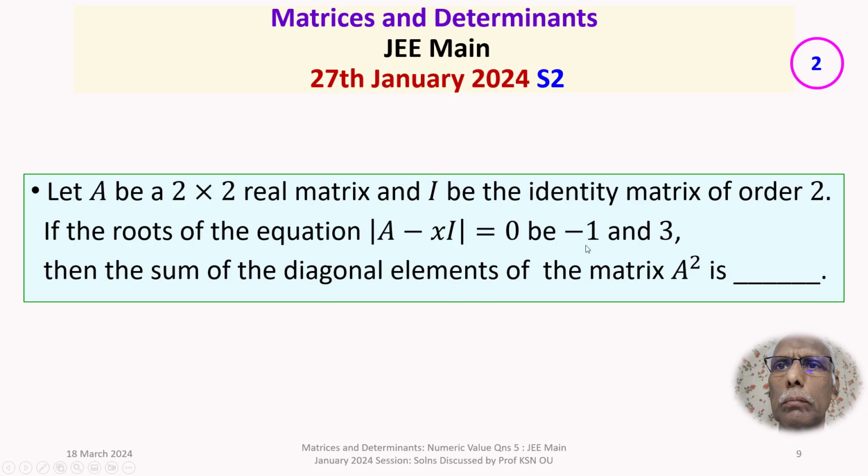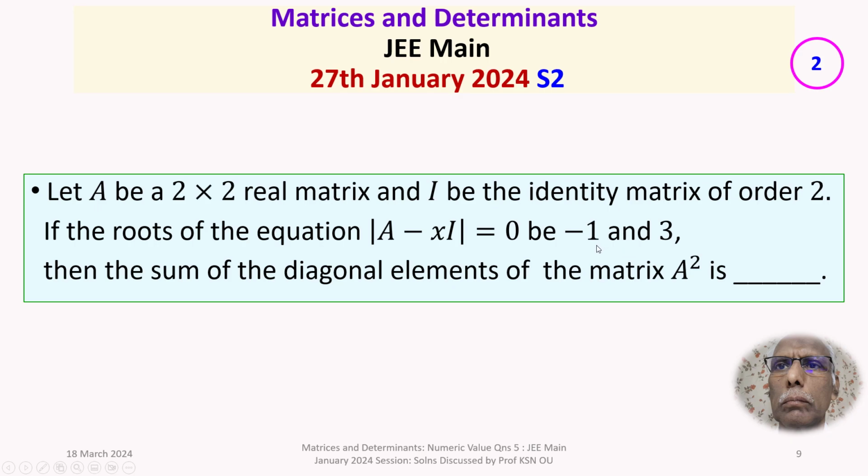Now, minus 1 and 3 are the roots of this equation, meaning they are the eigenvalues of A. The eigenvalues of A are minus 1 and 3. And if you recall the property, if lambda is an eigenvalue of A, then lambda square is an eigenvalue of A square.